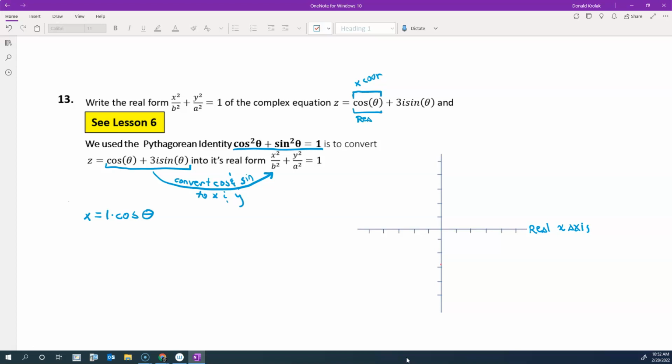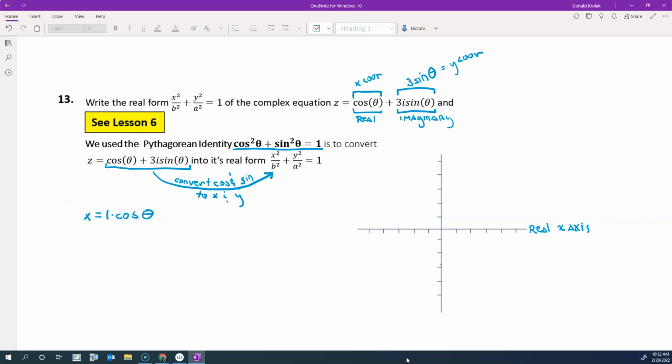That's this part. So this is the x-coordinate, also the real coordinate. And then the imaginary coordinate, 3 sine, is equal to the y-coordinate.